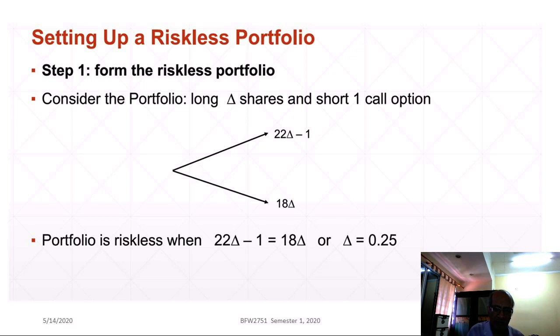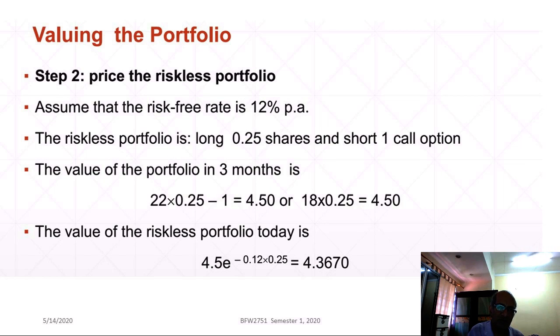Therefore you can calculate the delta value. Once you calculate the delta value, price the riskless portfolio, not the option itself. For the riskless portfolio, we have a risk-free interest rate of 12% per annum, and you are talking about 3 months, and you already got the delta value 0.25, and you short one call option.